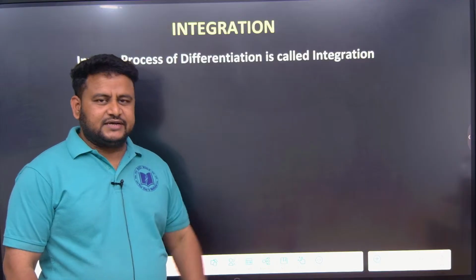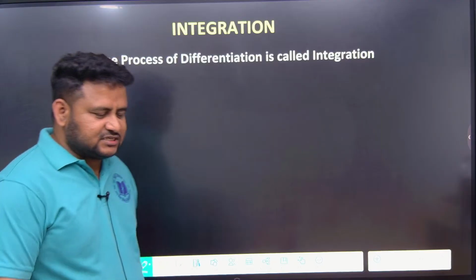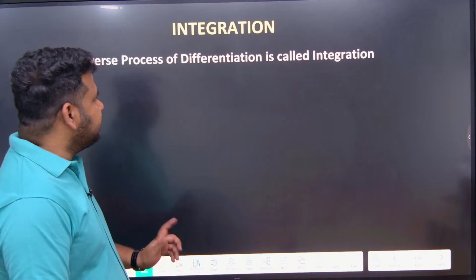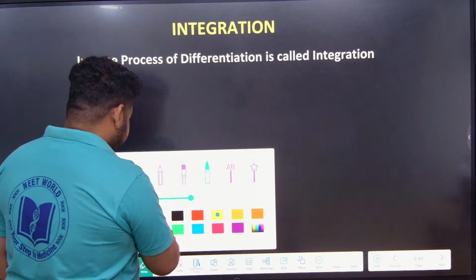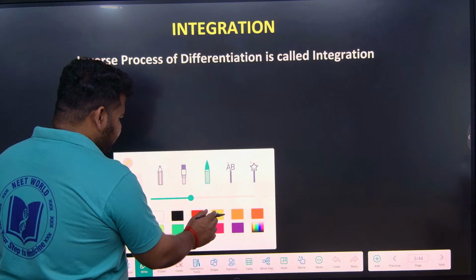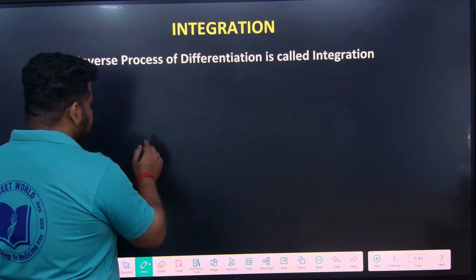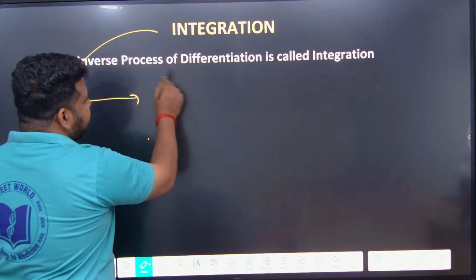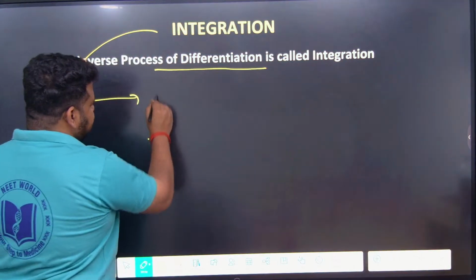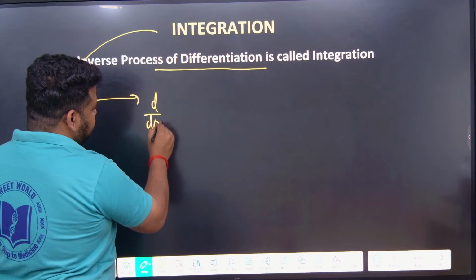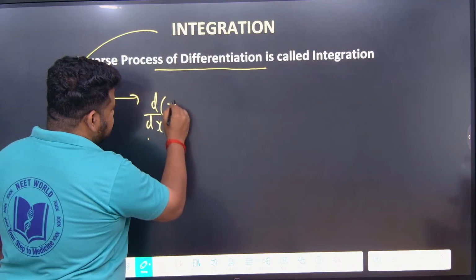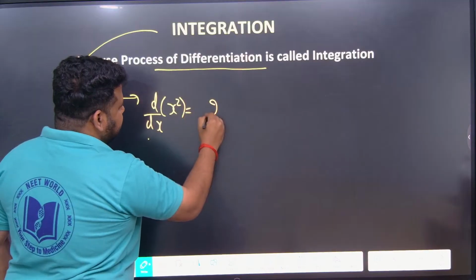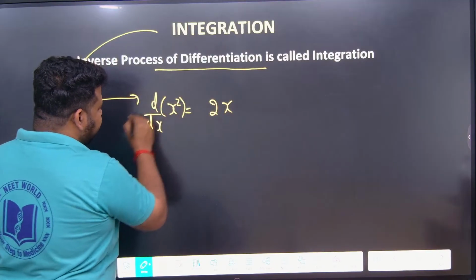Now, coming to integration, in the first class itself when I discussed calculus, I told you integration is the reverse process of differentiation. Observe carefully. If I write d by dx of some function, let us say x square, we get 2x.